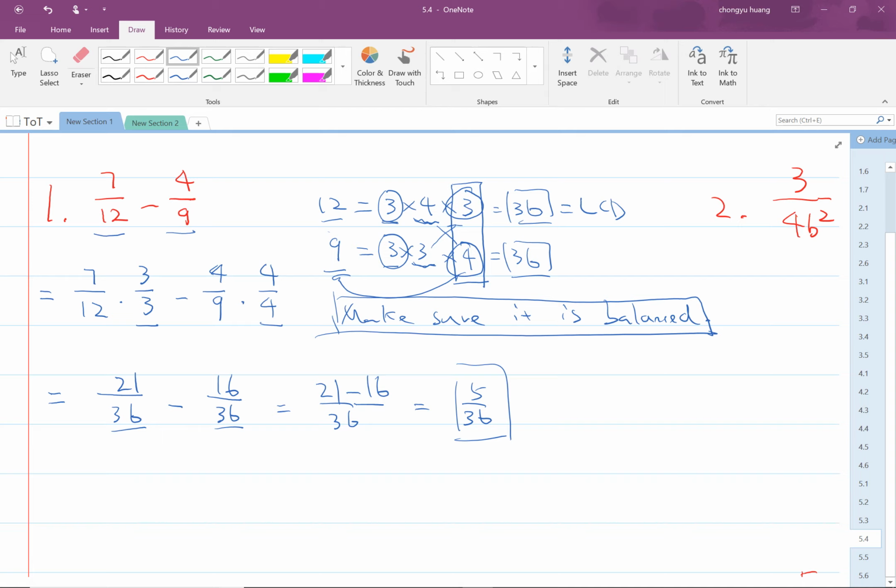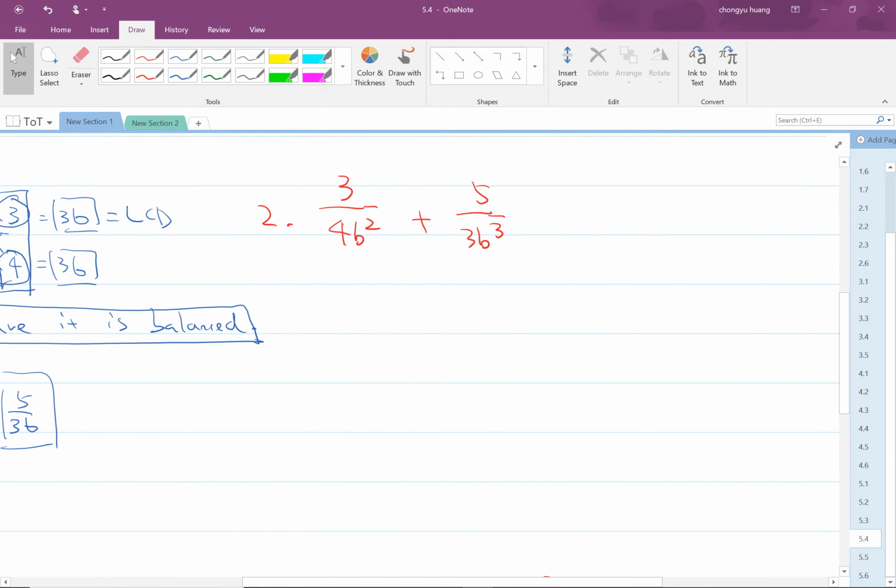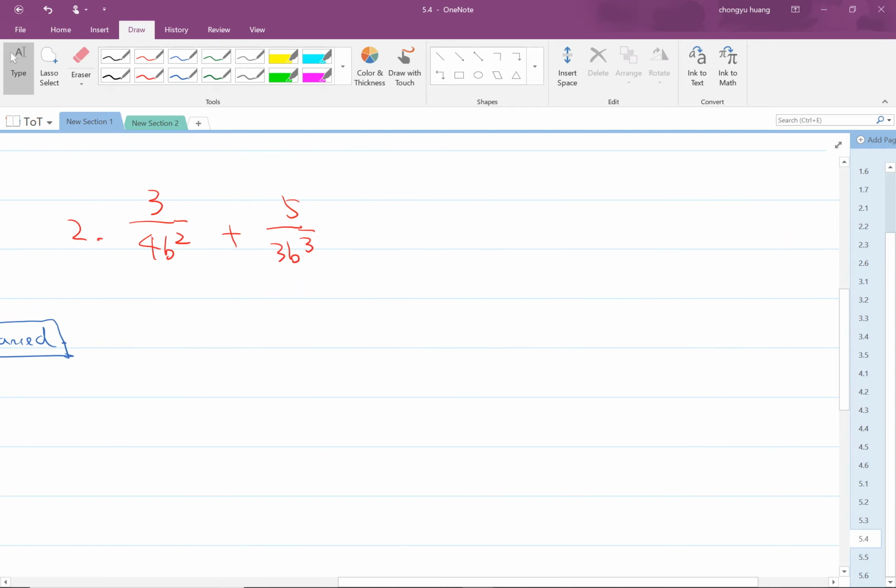Okay, so let's move into question number 2. As I already explained question 1 really well, I think we can do these questions a little bit faster. As always, you want to find the least common denominator.